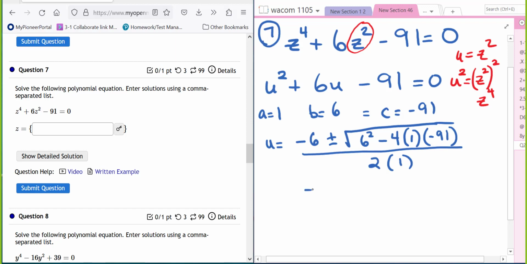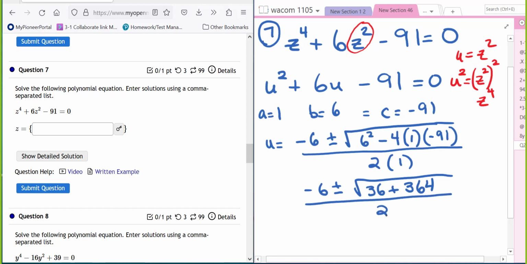Right? And so negative 6 plus or minus 6 squared is 36. And here you have 2 negatives. And 4 times 91 will be 364. And this is all over 2.